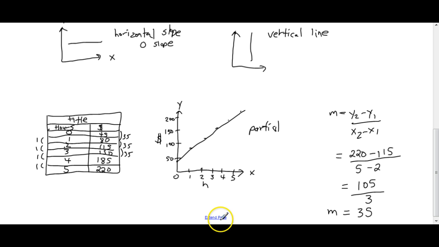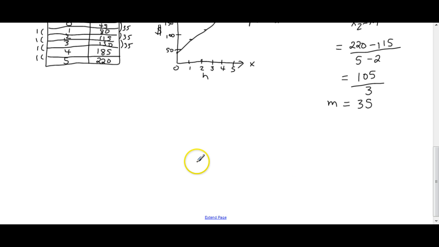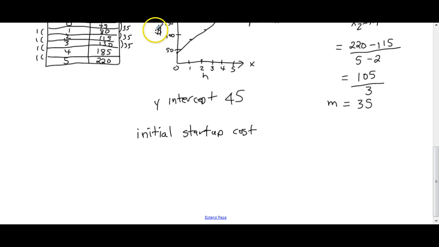Alright, let's just extend the page just a wee bit. And the last part, D, it says, what is the y-intercept and what does it represent? Well, the y-intercept, as I explained, is where it crosses the y-axis, and the y-intercept we know is 45. And what does that represent? Well, that represents the initial startup cost in this case, because we're talking about earnings and hours.